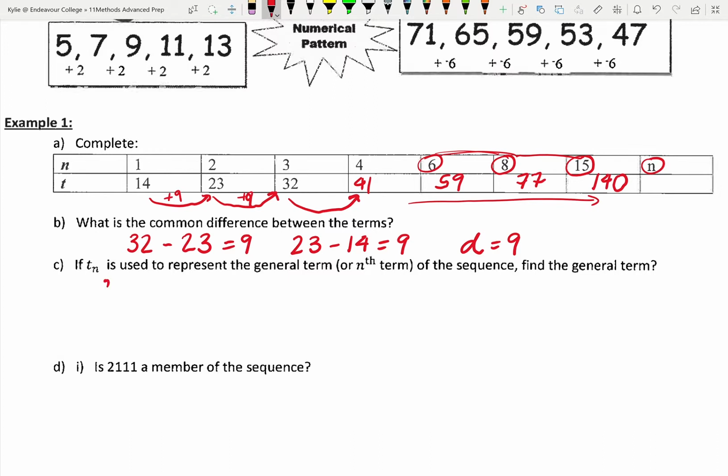So our first term, which we sometimes call a or T1, is 14. Our common difference is 9. So we put that together in Tn equals a plus n minus 1 times d.